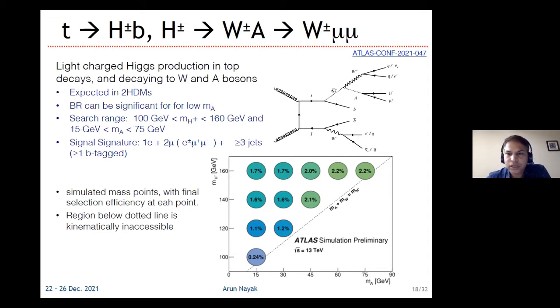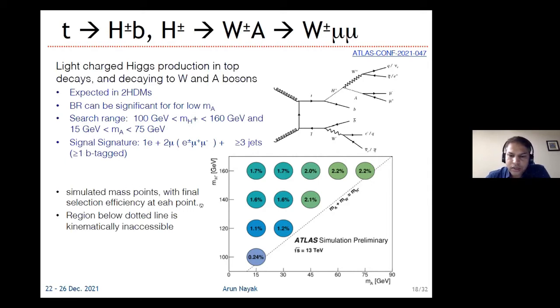Here you can see that the W decays to either a pair of quarks or a lepton and neutrino, while the A decays to a pair of muons. So the signal signature consists of one electron coming from the W, and then 2 muons coming from the A boson, plus 3 jets, and at least one of them is b-tagged.